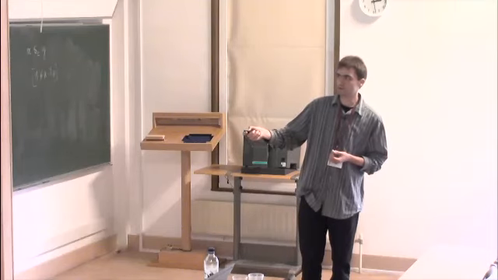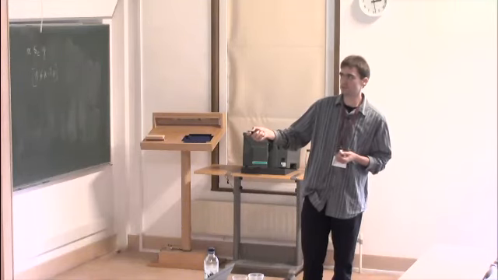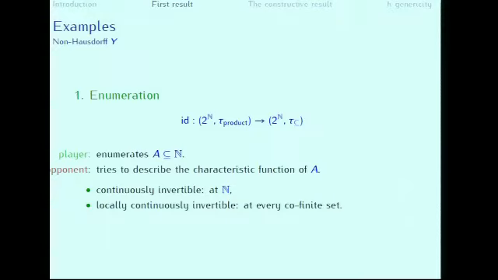What does locally continuously invertible mean? Well, the same, but if the set is cofinite, then you can give as advice the prefix which contains all the zeros, and the opponent will be able to derive all the remaining part from the enumeration of A. Okay.